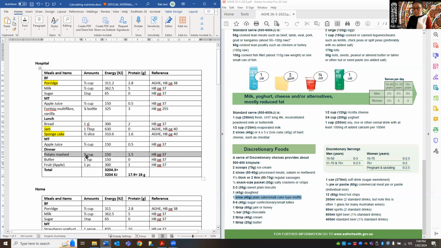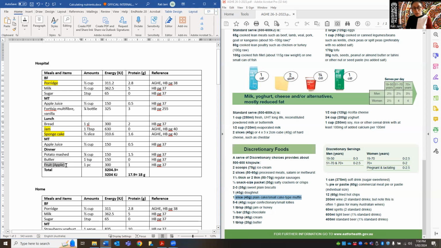That's why it becomes really easy to look at the quick ready reckoner. Butter: is this information present in the quick ready reckoner? Fats and oil is literally butter. It gives the same calorie factor. So you have your butter over here. The patient is having 1 teaspoon, which is 150 kilojoules, and you have your quick answer.